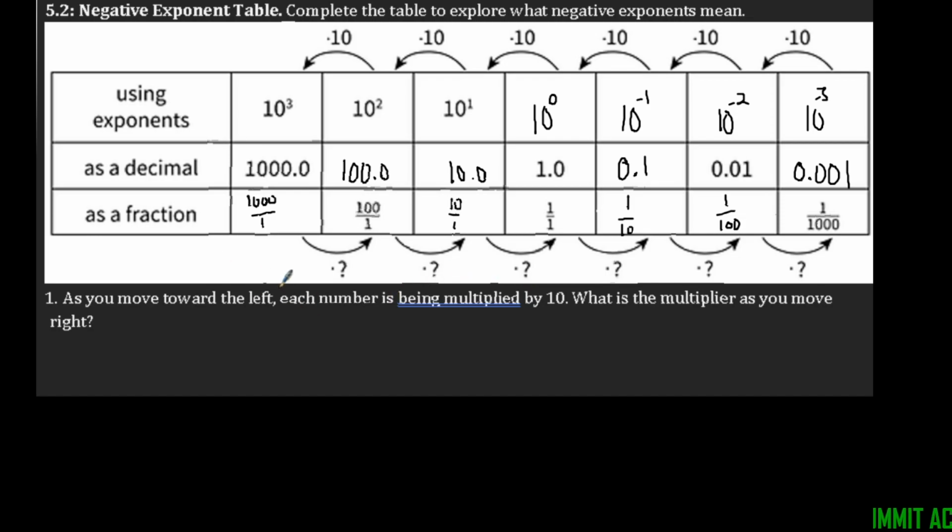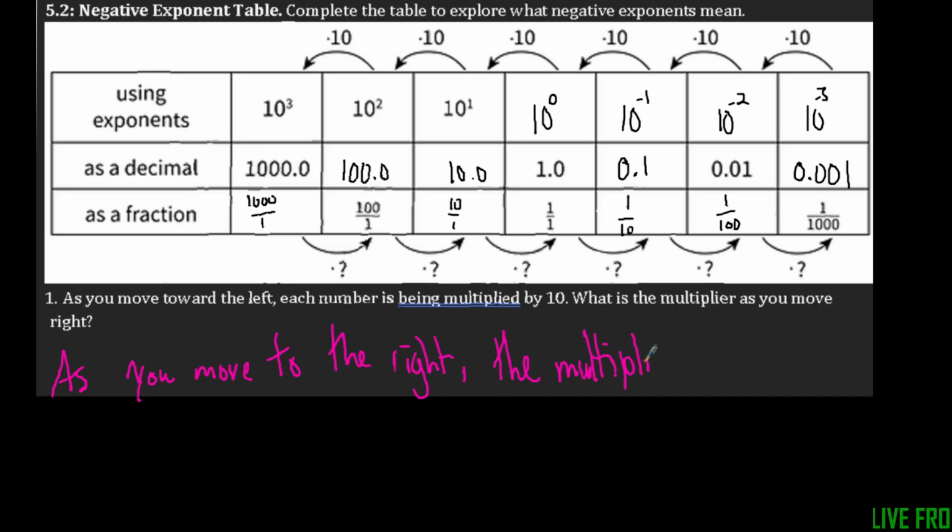And so for that first question, it says as you move toward the left, each number is being multiplied by a 10. What is the multiplier as you move to the right? Notice how that has a question mark there. What we can say is as you move to the right, the multiplier is 1 over 10.